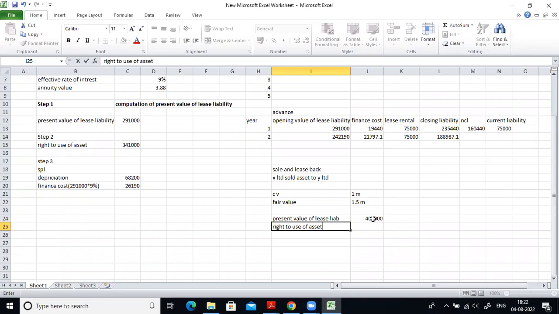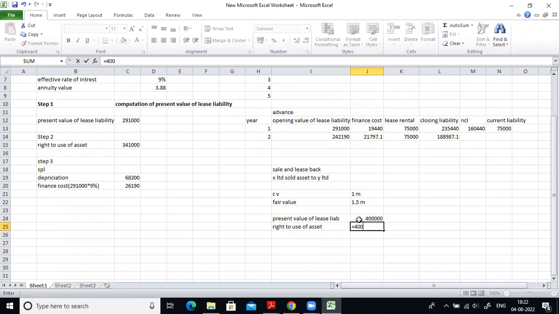But whatever IFRS 16 says about sale and leaseback is, we need to convert this right to use of asset from fair value basis to carrying value basis. If your right to use of asset is 4 lakhs for 1.5, that is for fair value, what will be the right to use of asset for carrying value?